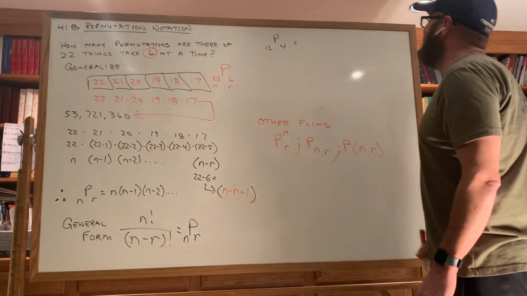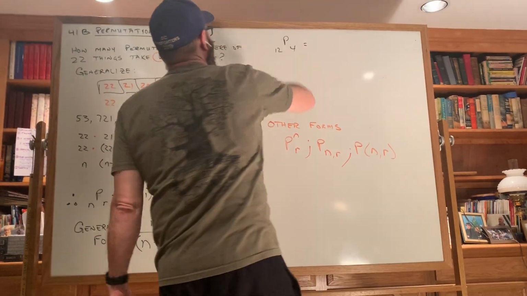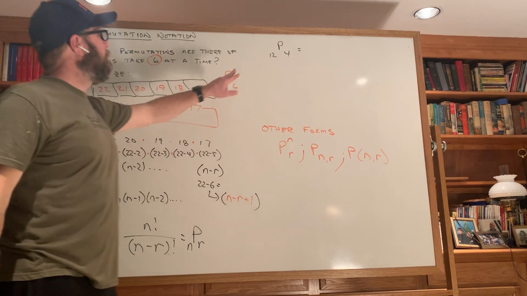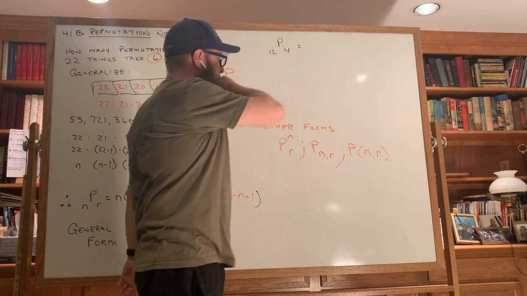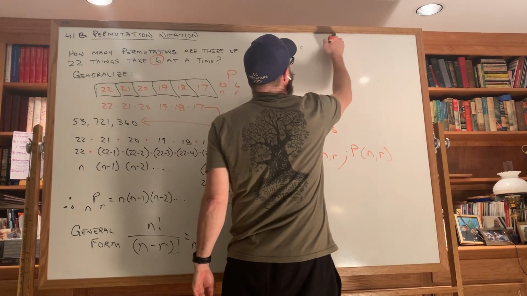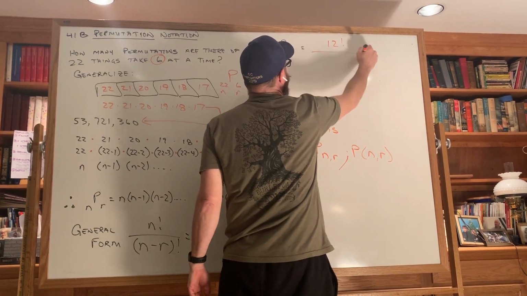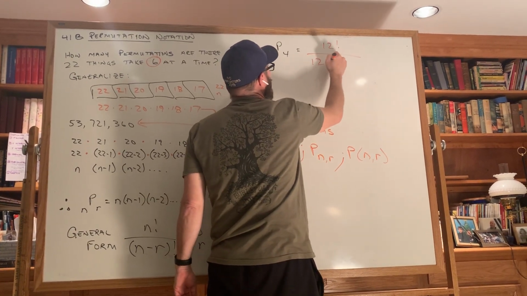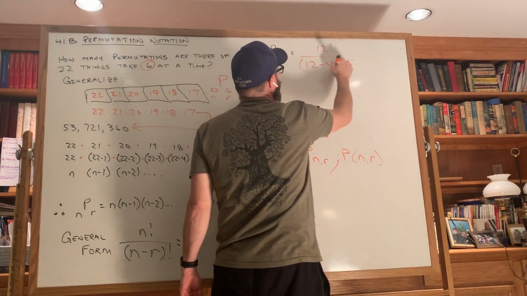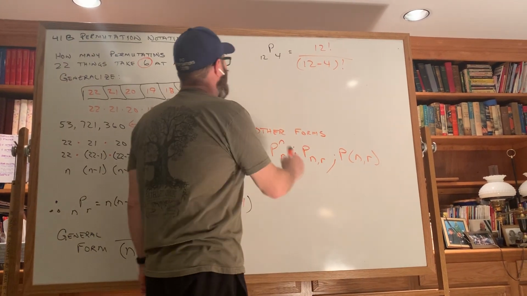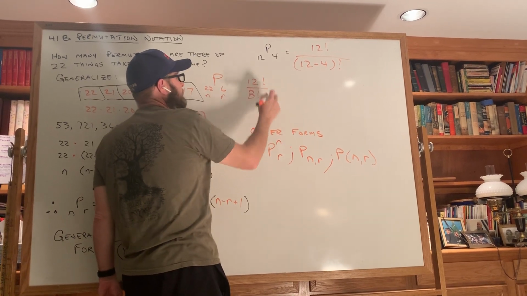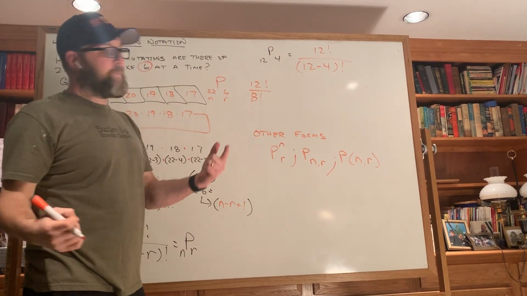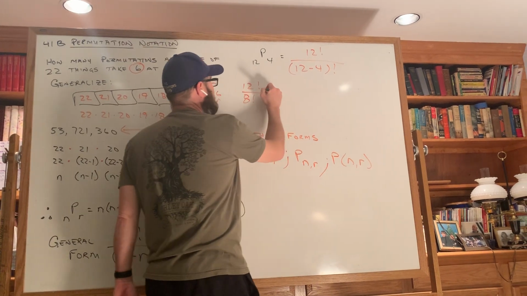All right, so if I take this right here and I want to find this, I know that I have 12 items and I'm looking to put it into groups of 4. So that means I'm going to have 12 factorial over 12 minus 4 factorial, which is going to give me 12 factorial over 8 factorial. You should see where we're going now because we were doing these earlier in the year to get us used to it.